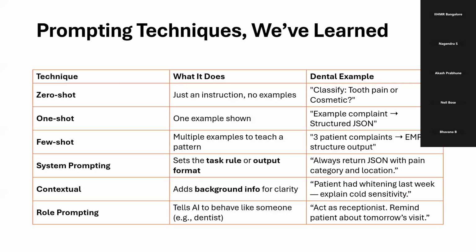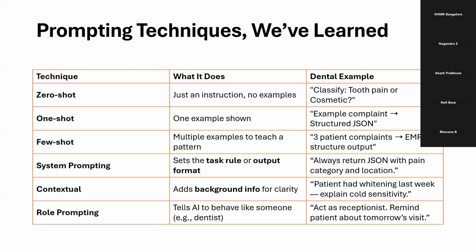What we have learned earlier was zero-shot prompting. It is just one instruction, what we classically use in common practice. Then there is one-shot, where you give an example. Then there is few-shot, where you give two or three examples and ask the machine to learn from that and get back.